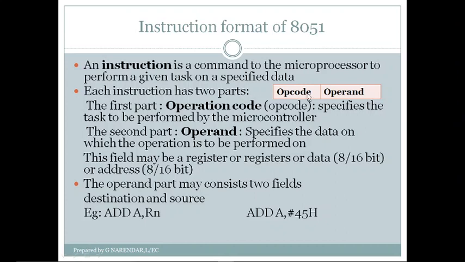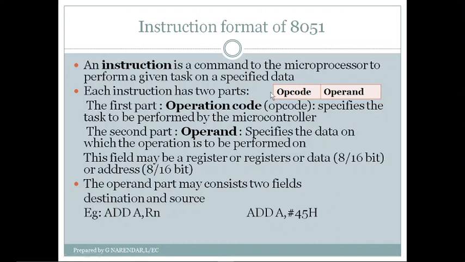The first part of the instruction is named the opcode, and the second part is named the operand. Let's see what the first part specifies and what the second part tells.